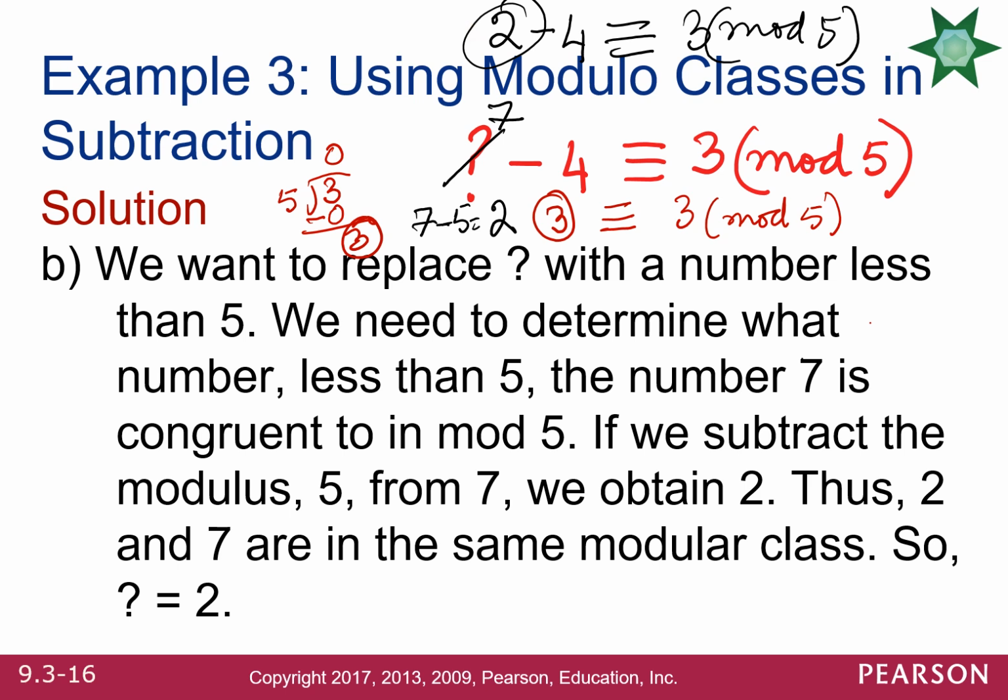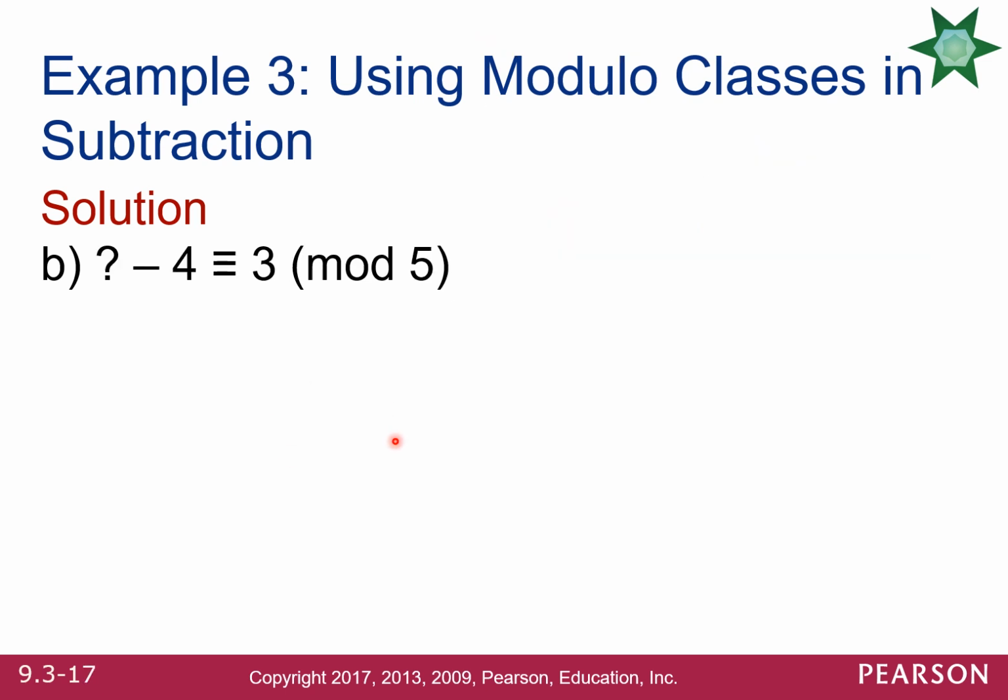All right. So let's look at the steps that they perform here to find an answer for the question mark. We started with this expression, question mark minus 4 is congruent to 3 mod 5. But we have to find a replacement for the question mark, and the final value of the question mark should be a value less than 5.